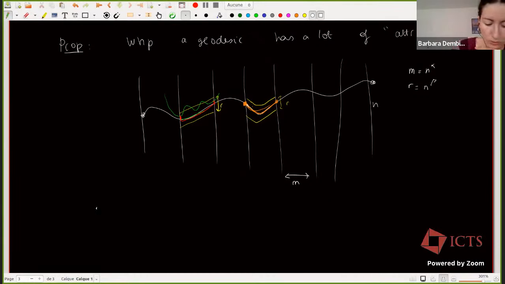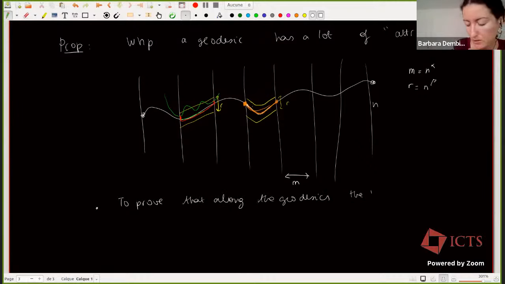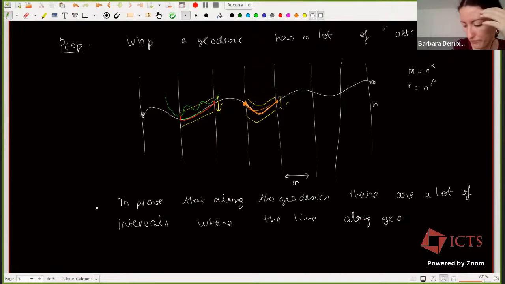So first, to prove that along the geodesics there are a lot of intervals where the time along the geodesic is interesting.